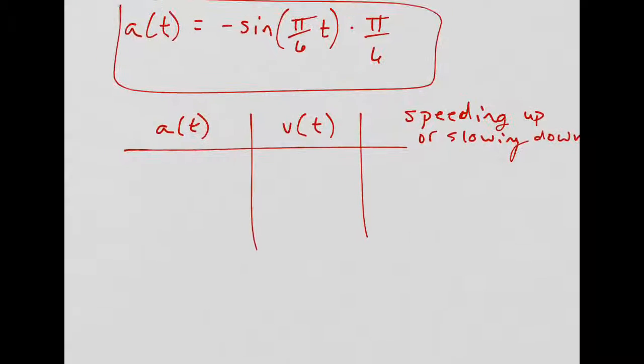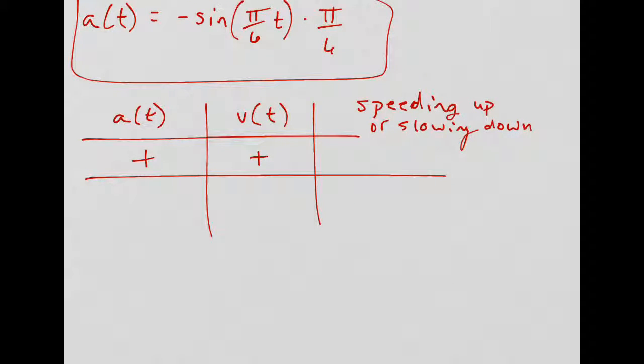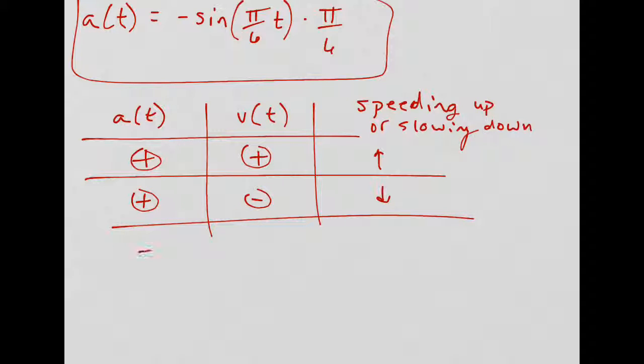We had a chart, so if acceleration was positive and velocity was positive, then we're speeding up. If acceleration was positive and velocity was negative, we'd be slowing down. If we had negative, positive, that's slowing down.